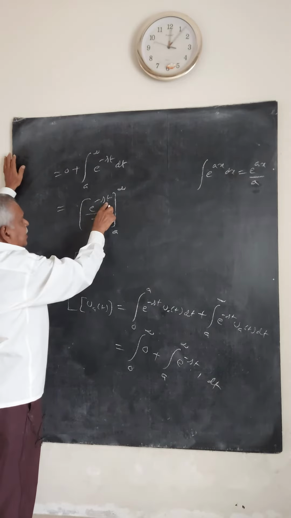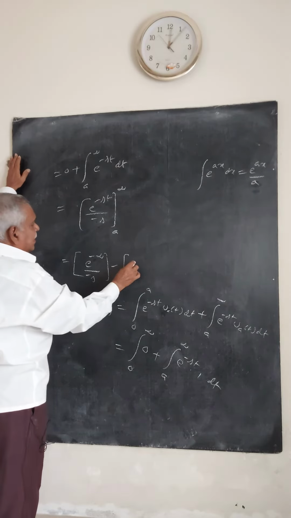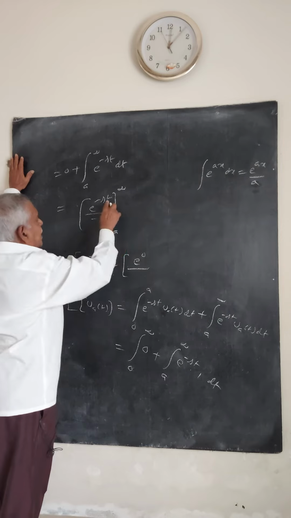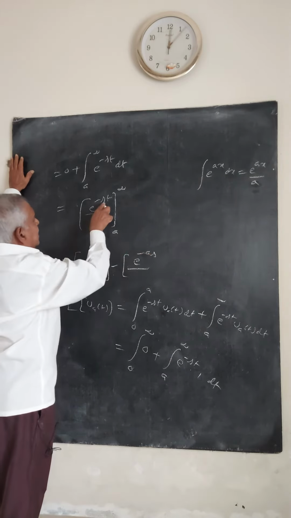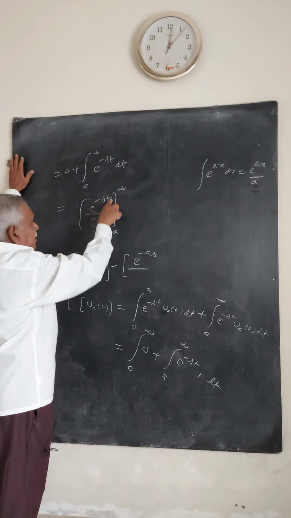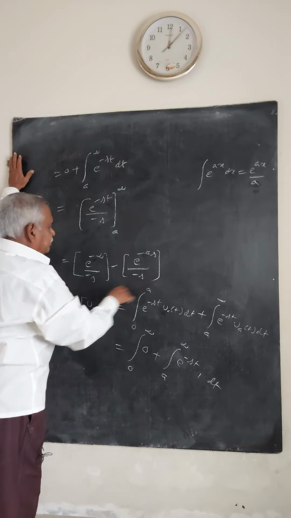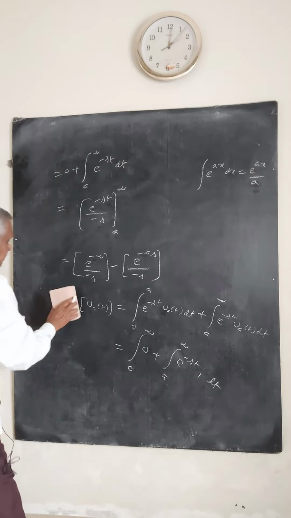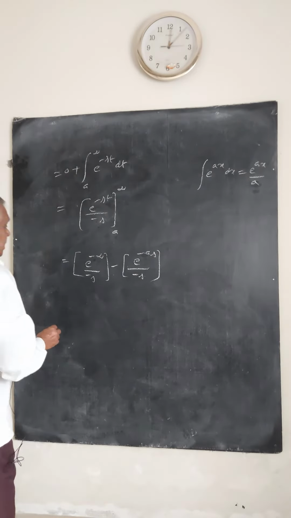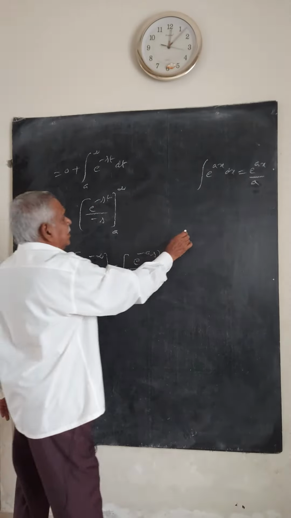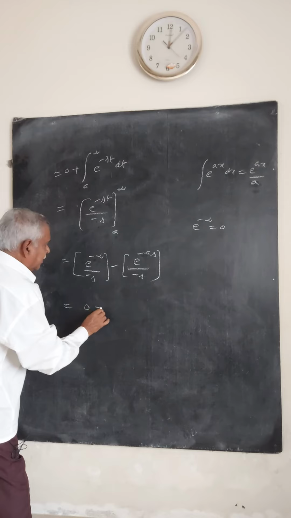Giving the upper limit infinity, e^(minus infinity) is 0, so this is completely 0.